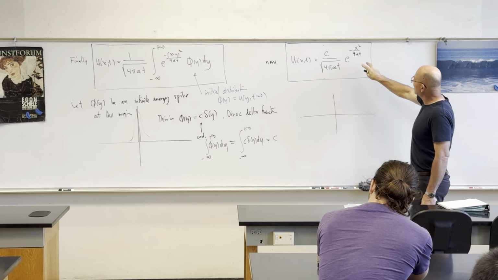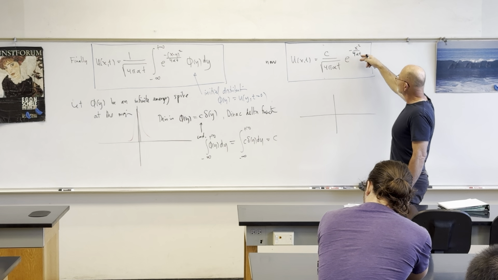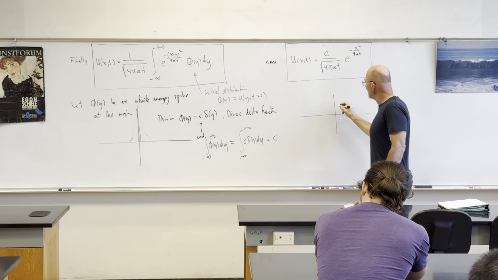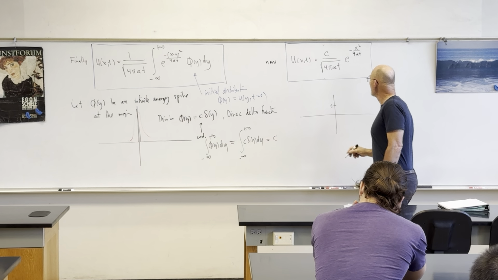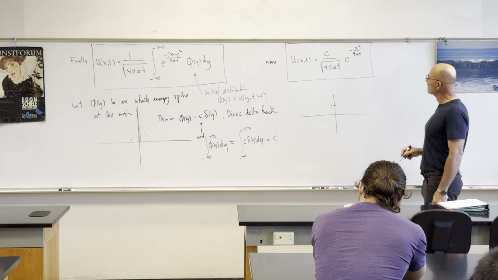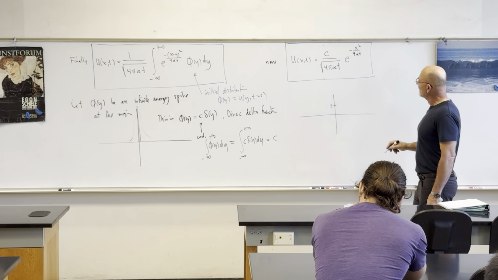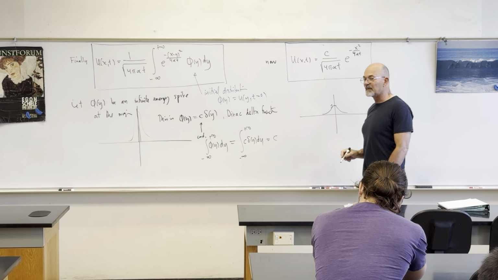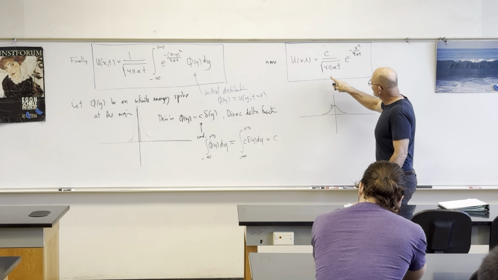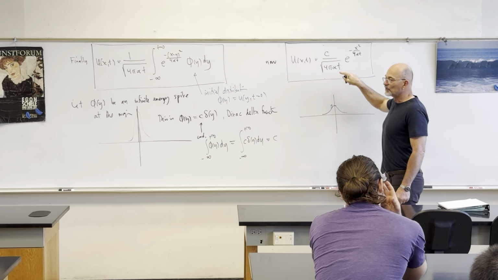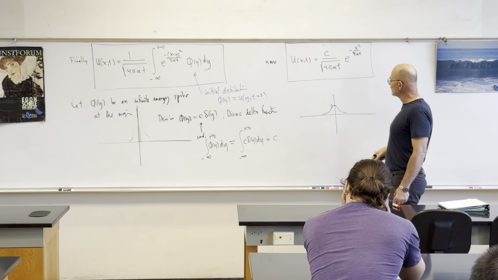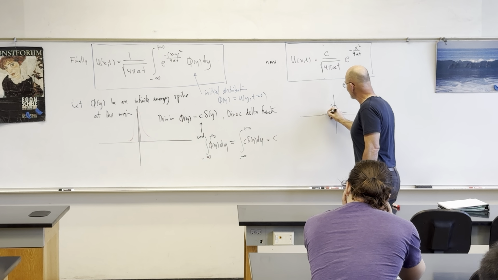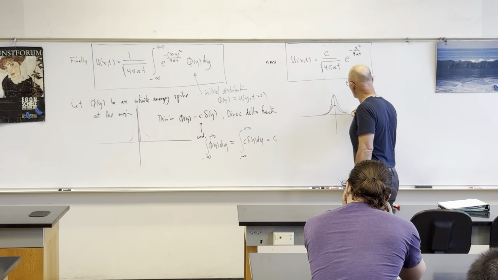For any finite time, this e to the minus x squared is equal to 1 at x equals 0. So you have some kind of e to the minus x squared, being multiplied by 1 over root t, so because of that, it has some form like that.